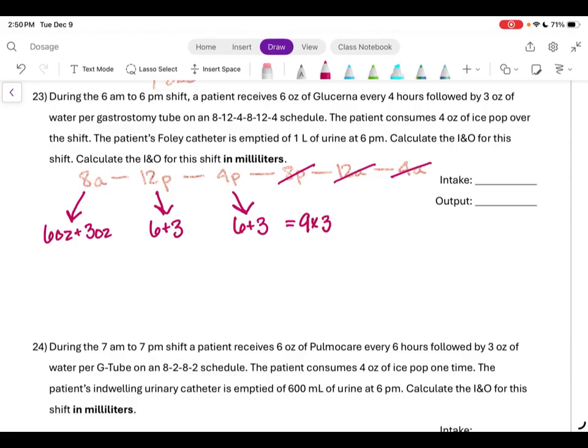Right? 27. Don't forget your ice pop. So a total of 31 ounces for intake. Let's convert that real quick.